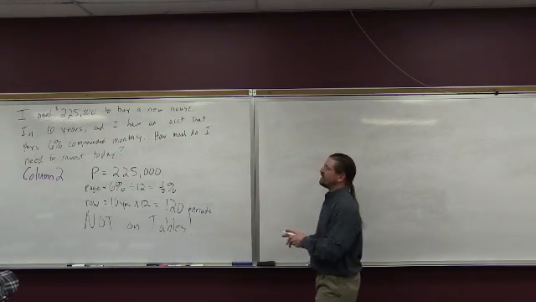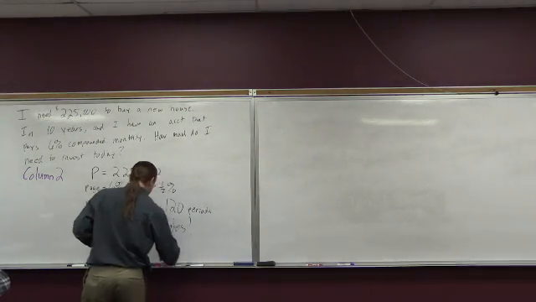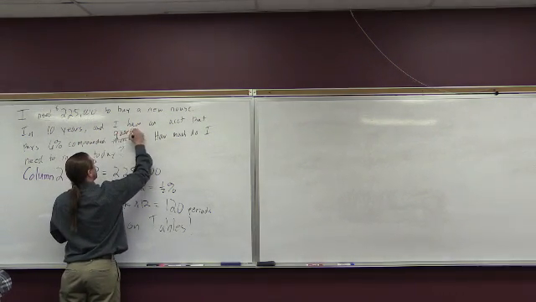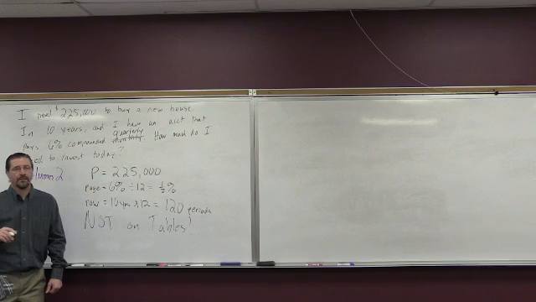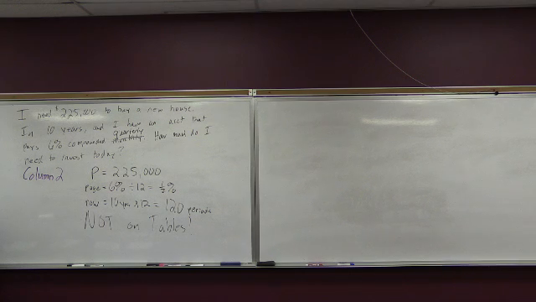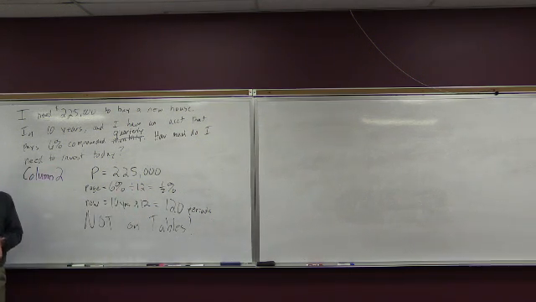But let's suppose that I change this after you figure that out and I say, whoops, I meant to say quarterly. So if I meant to say quarterly, how does the problem change? Yeah, 4s, not 12s. Everything else stays the same, right?